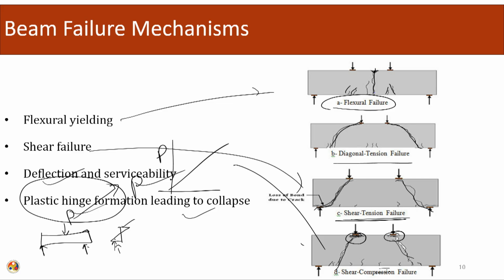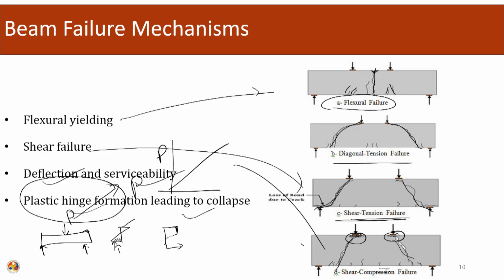As concrete is bad in tension, the cracking will start to form here. After some time, if the loading is significantly increased, then this region will reach the elastic limit, and the plastic region will start to propagate into the sections.